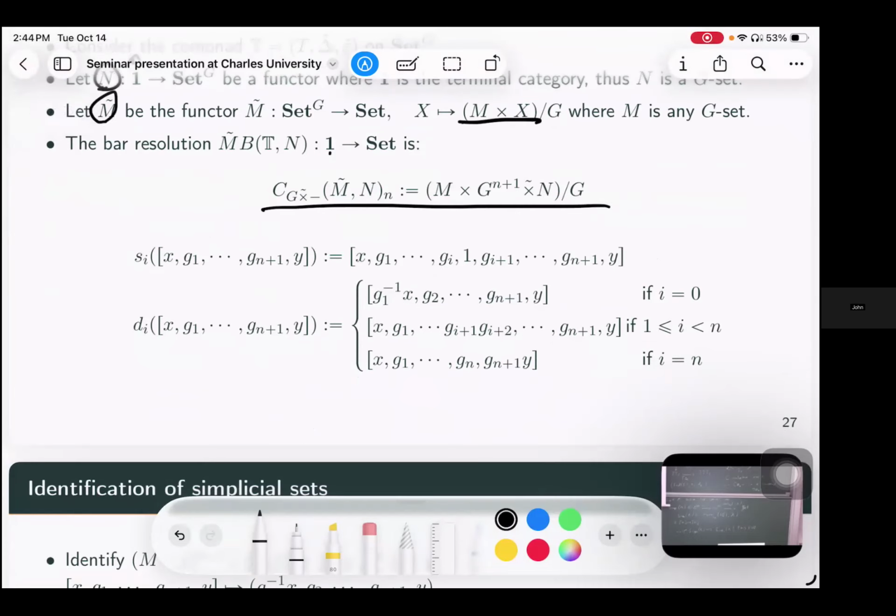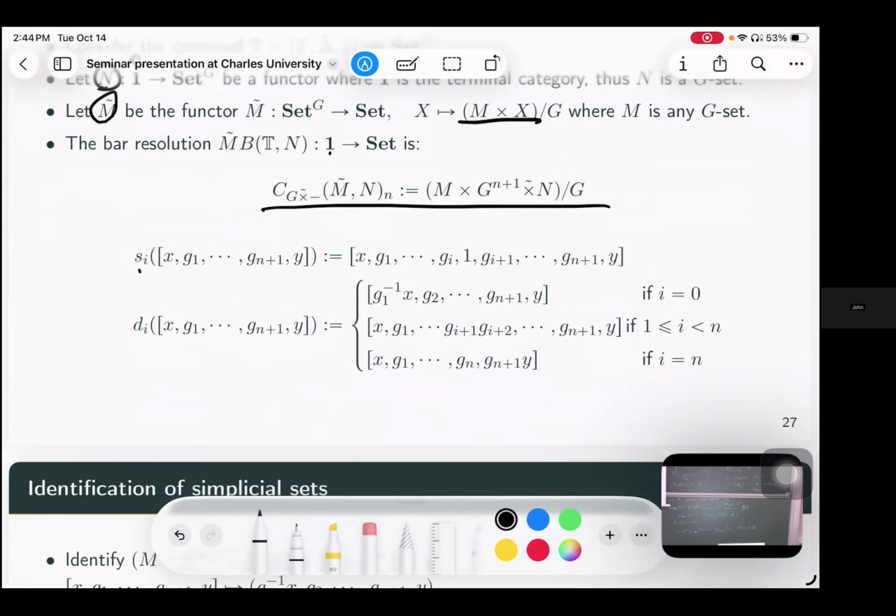This is a simplicial set where I have my si's defined this way, and my face maps also defined in this way. So the si's are in set 1 between the Gi and the Gi plus 1 term.